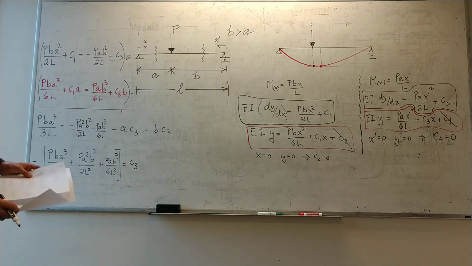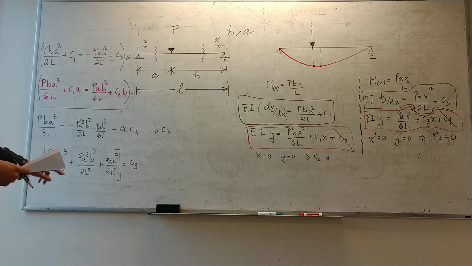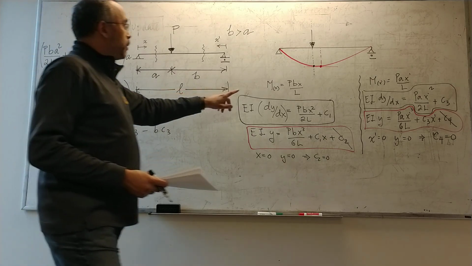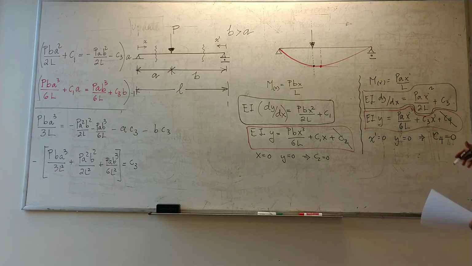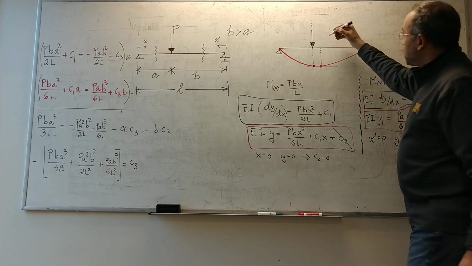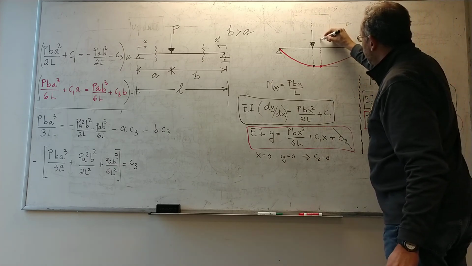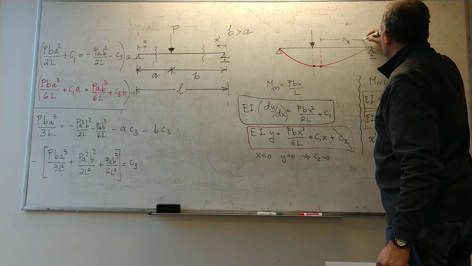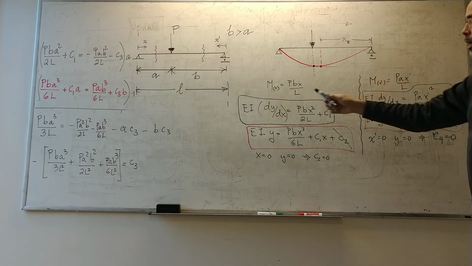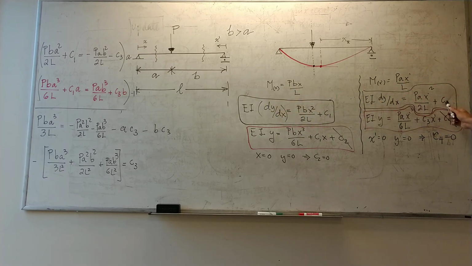And now, this is what we do. We know that the maximum is on this side. In order to find the location of the maximum, we're going to call that X star. In order to find X star, we put that C3 in here and we solve for X when this side is 0, right?